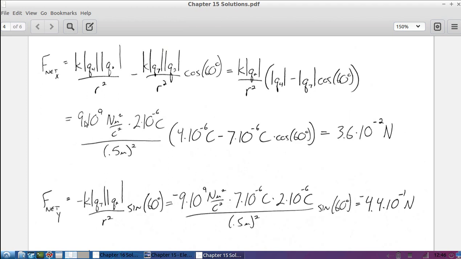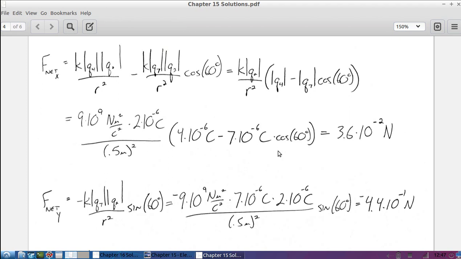So I plug in my value for my constant, I plug in the magnitude of the 2 microcoulomb charge. Again, the 4 microcoulomb charge is negative, but we're just talking about magnitudes here. Half a meter squared for r squared, and then the magnitude of the 4 microcoulomb charge and the magnitude of the 7 microcoulomb charge.